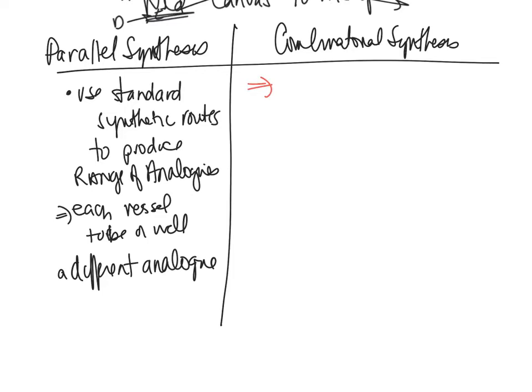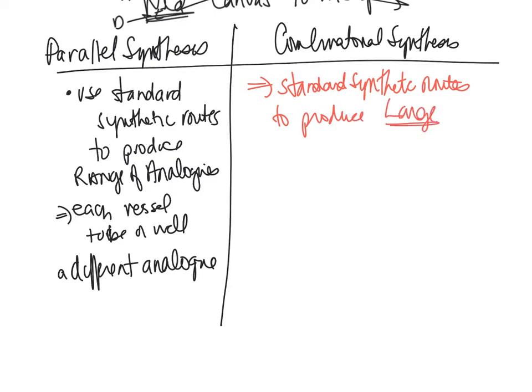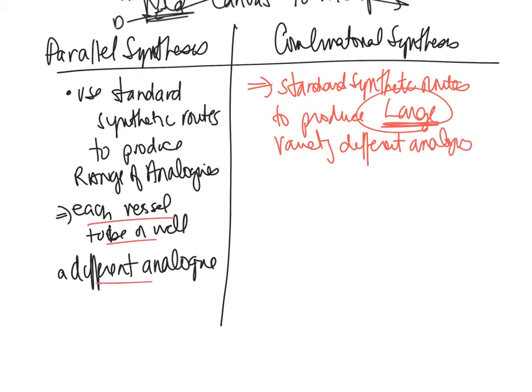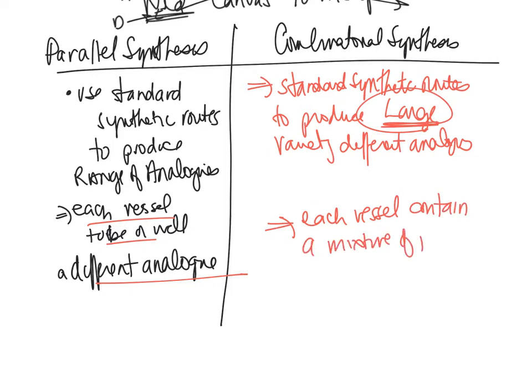Combinatorial chemistry uses the standard synthetic routes to produce probably a larger number, a different variety of different analogs. But each vessel will contain a mixture of products.